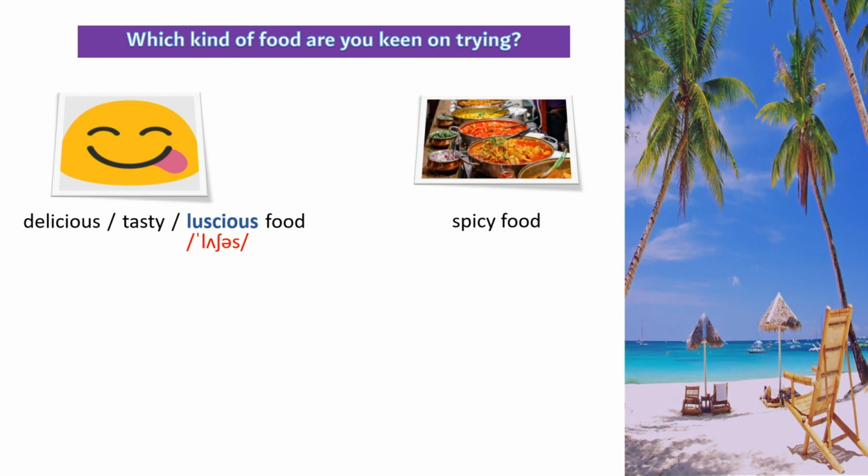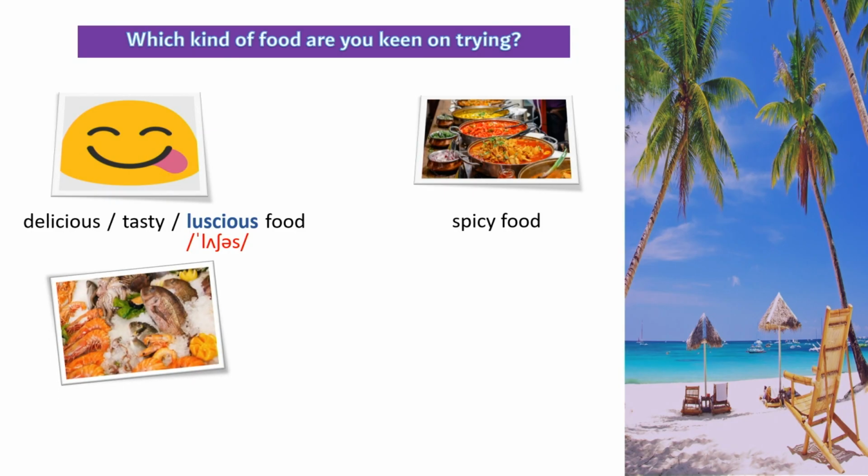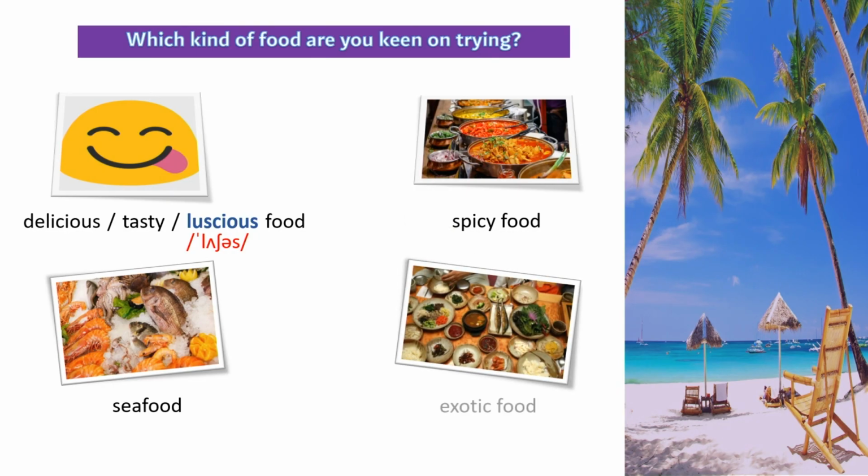It depends where you are traveling. And if you want a holiday by the seaside, I think you will not miss the opportunity to taste seafood. If you like exotic food, then you will have this in Korea or Japan. It depends.